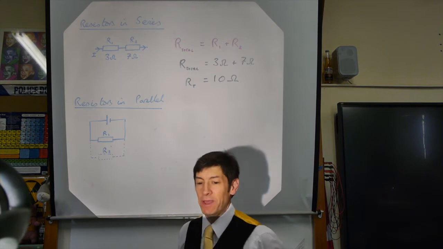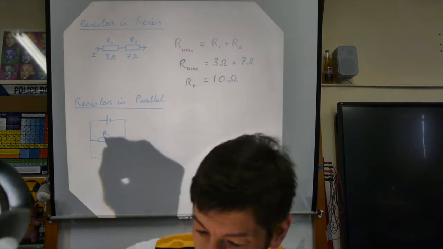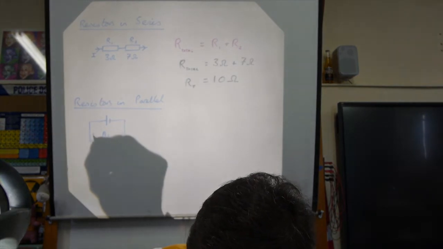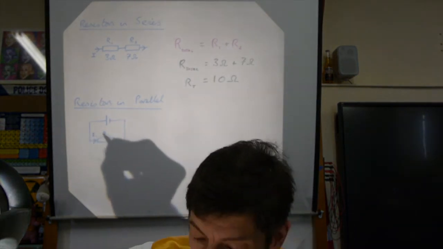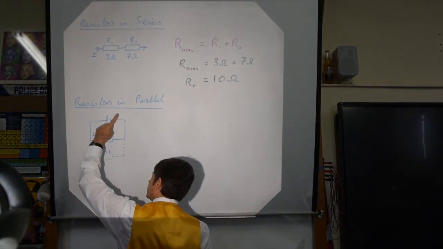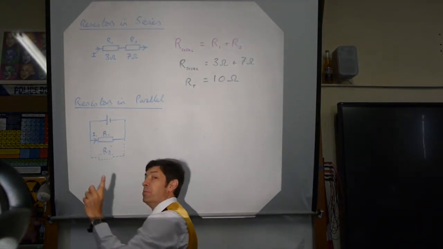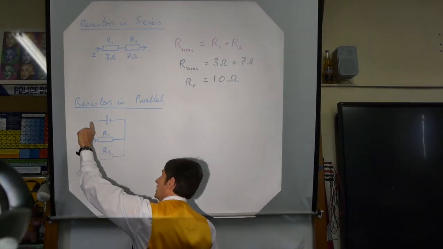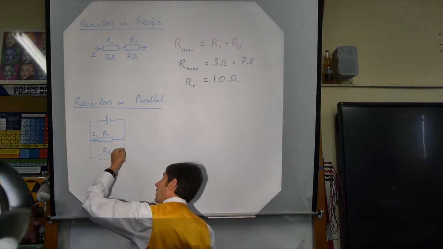And here's the clever bit. If we get some amps flowing this way, some current, let's call that I1, the current through that one, the battery is going to feel a resistance. But here's the clever bit. If we add another resistor, electricity will flow this way as well.